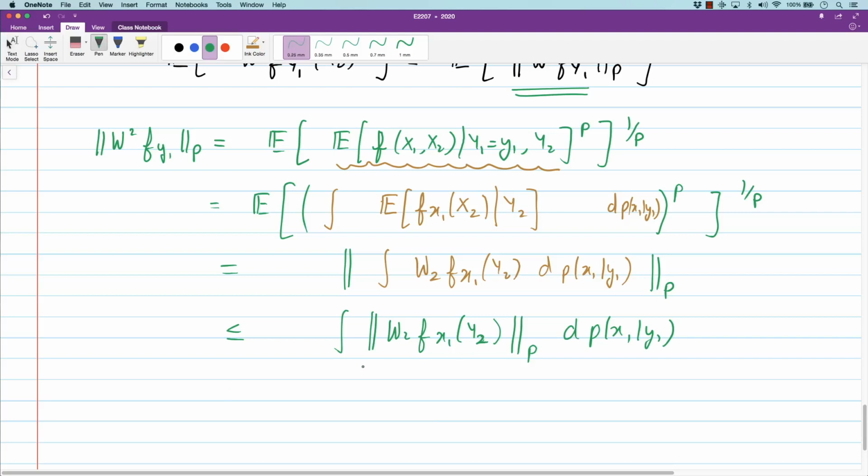Now here, once we have this part, we can see that this part only entails the W2 function for the second channel, and therefore by using the definition of R and the fact that the second channel is PRP hypercontractive, this is less than or equal to f of x1, x2.